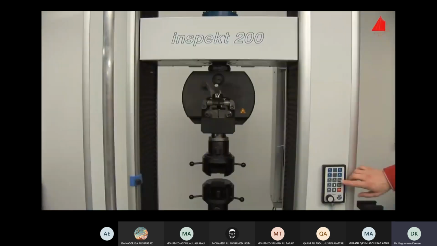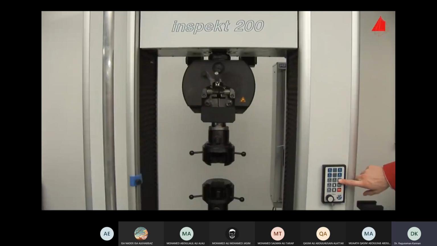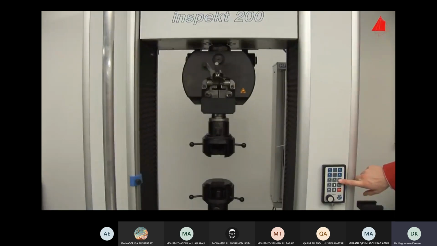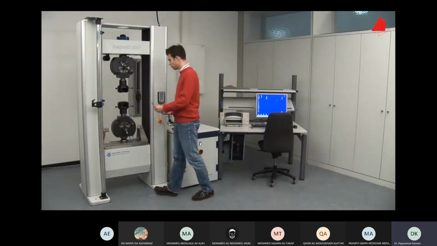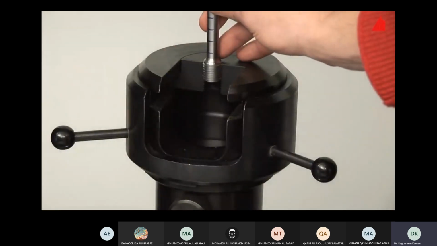Using a hand control, the tester moves the upper crosshead into its correct starting position. Now he can place the threaded ends of the test piece in the lower and upper grips of the testing machine.